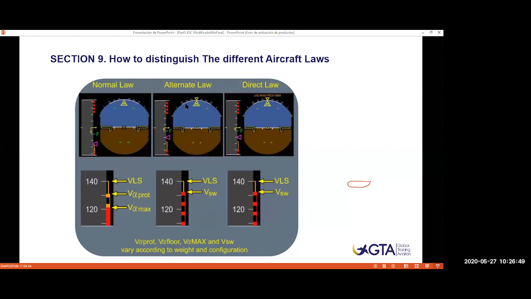What happens when we degrade? These dashes change into crosses. That means that we don't have limitation. And in direct law, it also tells me, okay, you don't have these protections, and you also have to use manual pitch trim.